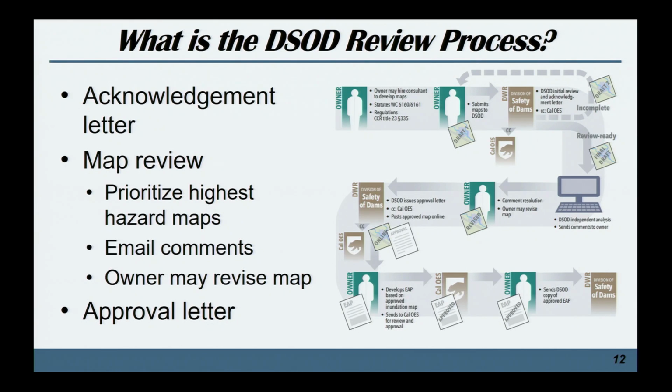And so if you submit a significant hazard map right now, we're gonna work through all the higher hazard before we start working on that significant hazard map. Once we review it, we'll send you our comments by email usually, and then you or your consultant can revise the map, and then we send an approval letter and we copy Cal OES again.